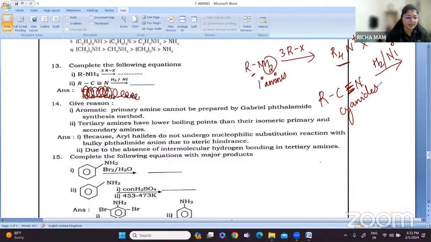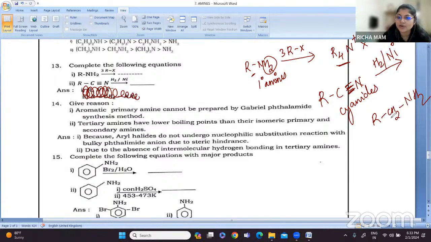What will be the product obtained? So cyanides, when you do reduction, you get RCH2NH2.